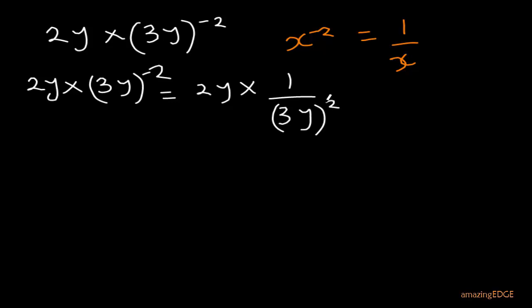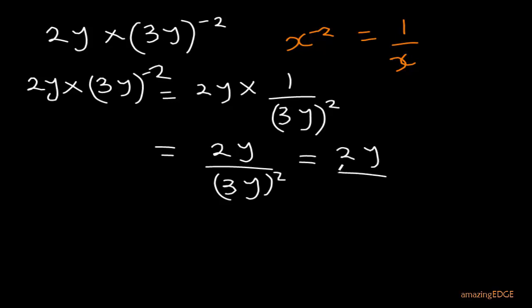So when we do that, we see the numerator 2y times 1 will give us 2y over 3y all raised to power 2. Good. So what follows now, we can do this expansion in the denominator. So we have 2y over, in doing this expansion, 3 times 3.